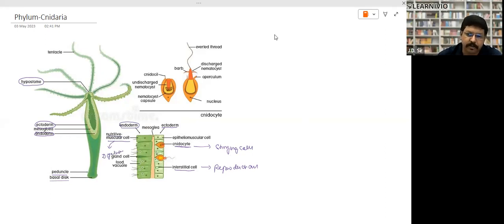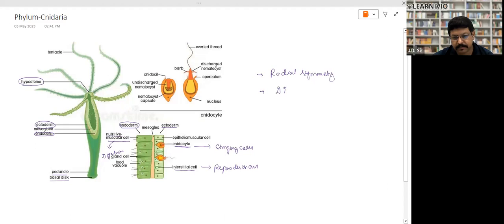So Hydra is a representative organism, and after the cnidocyte cells, the phylum has been named Cnidaria, right? The body is radially symmetrical. So they have radial symmetry, right? And as you know, they do not have mesoderm, they have mesoglea. So the body is diploblastic.